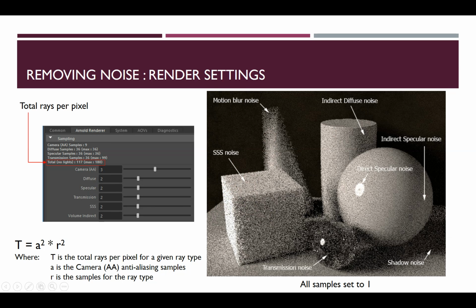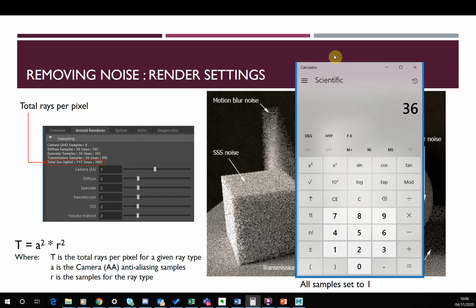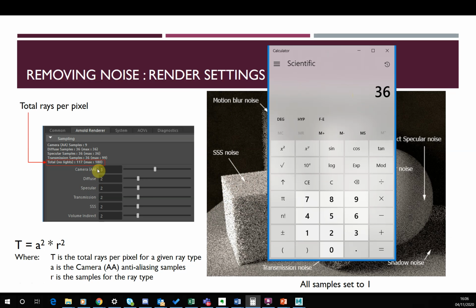So if I get my calculator out just to show you this: 3 times 3 is 9, 2 times 2 is 4, so 9 times 4 equals 36. So you can see that we've got 36 rays here, and it tells you the number of rays you've got here.